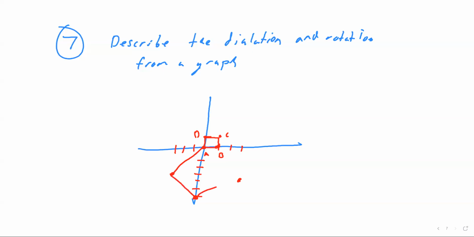We're going to pretend this is a perfect square. Let's pretend that's a perfectly drawn square and not a skewed parallelogram.